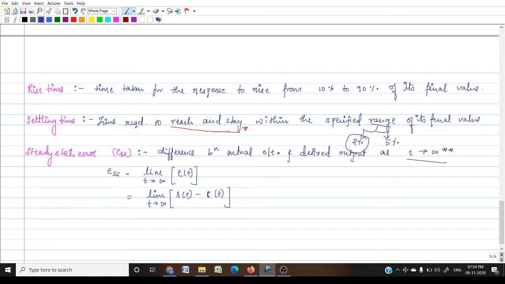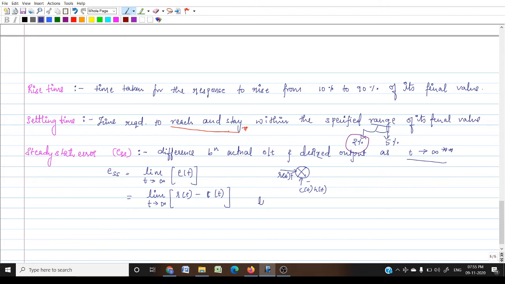So error is nothing but R of t minus C of t. Even in the block diagram, in the summation block, R of t is positive and you give negative feedback, that is C of t into H of t, where H of t is the response. So this is negative. This is the definition of steady state error.